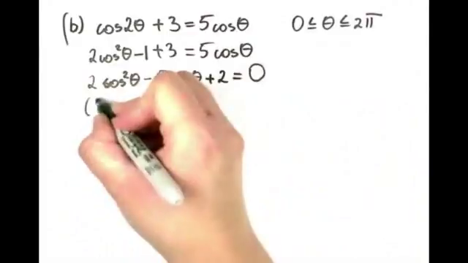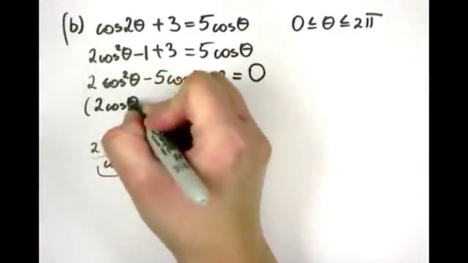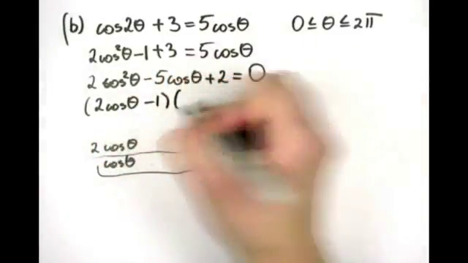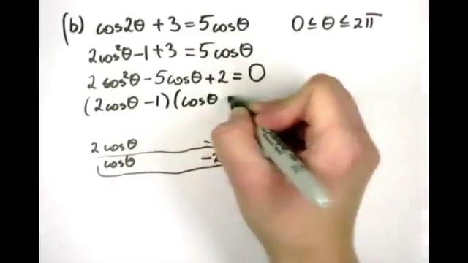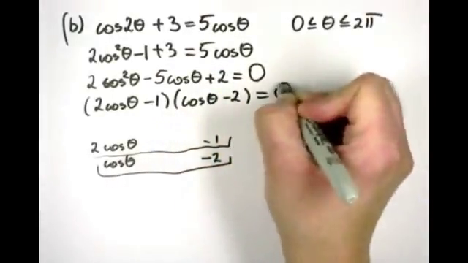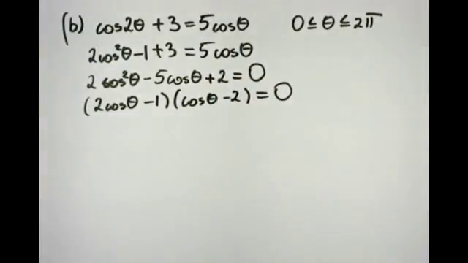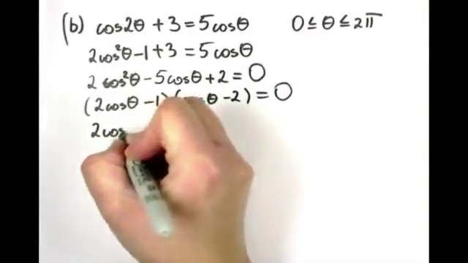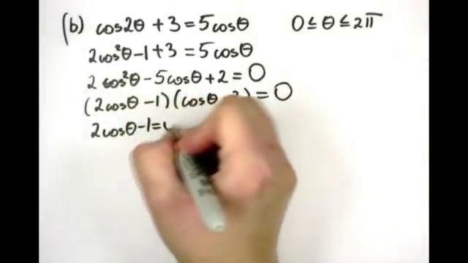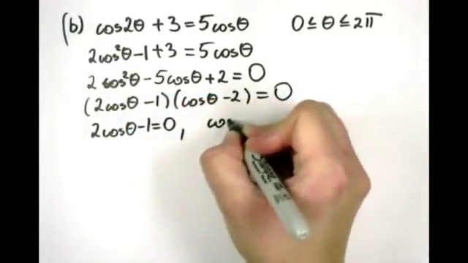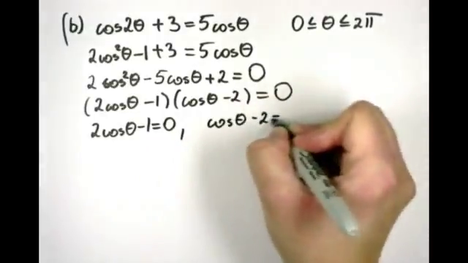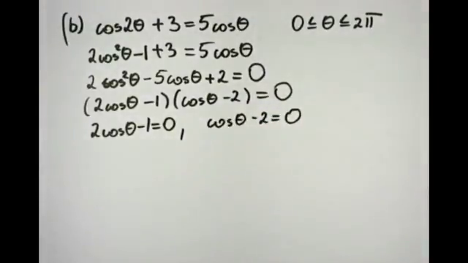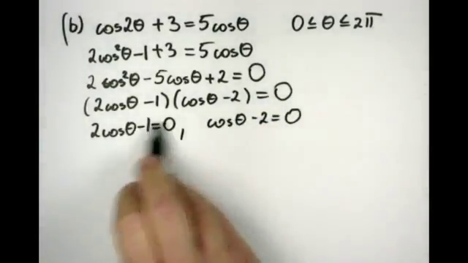So I have 2 cos theta minus 1 times cos theta minus 2 is 0. Once we have it in factor form, we take each bracket to 0. So we have 2 cos theta minus 1 to 0, and then cos theta minus 2 take to 0. Then we can solve it as before.